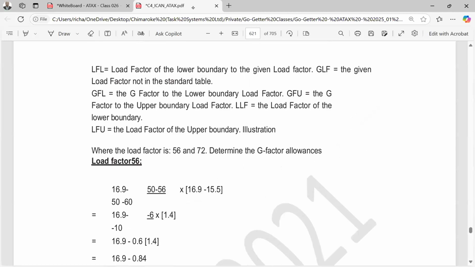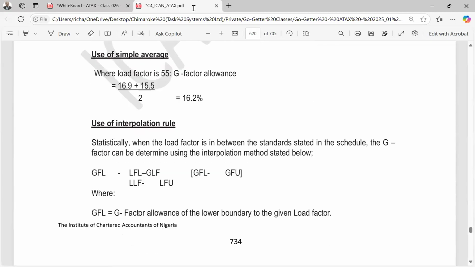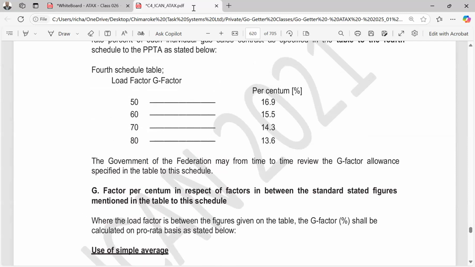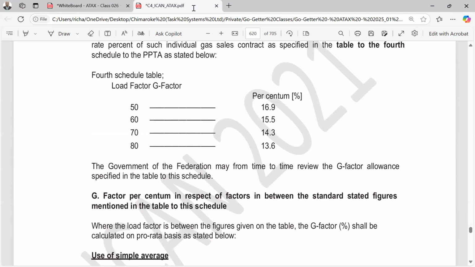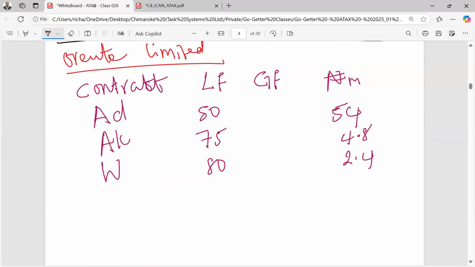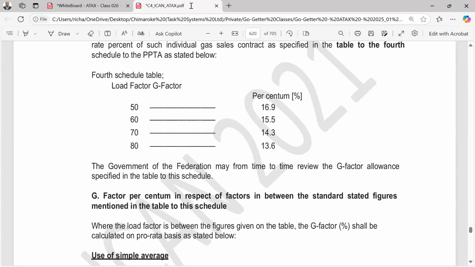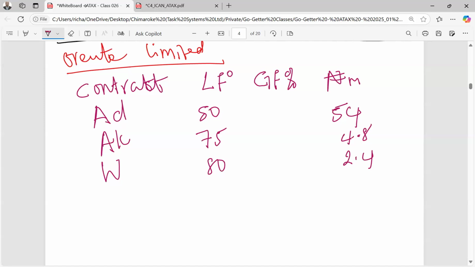They will give you a table of gas factor. Load factor, gas factor. The gas factor is in percentage, the load factor is in degree. So this is 50, 60, 70, 80, right? And this is 50.